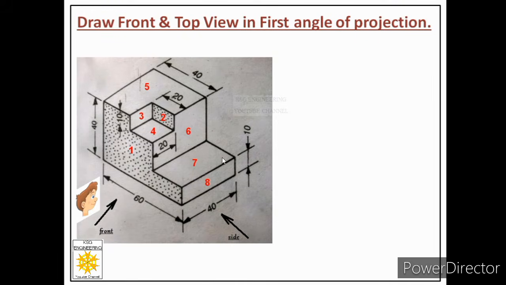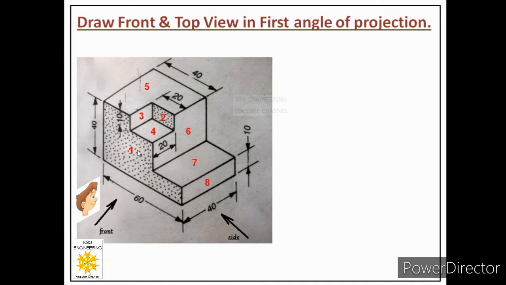So if you see carefully, you will find that out of these 8 faces, only 2 faces are actually parallel to VP. So this is face number 1 and face number 2. And apart from these 2 faces, there is no other face parallel to VP. So we have concluded that in this object there are 2 parallel faces. So the observer can see these 2 faces from the front.